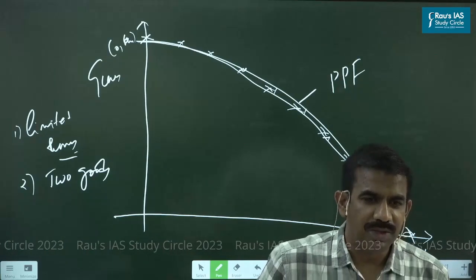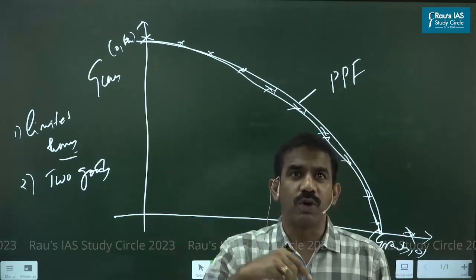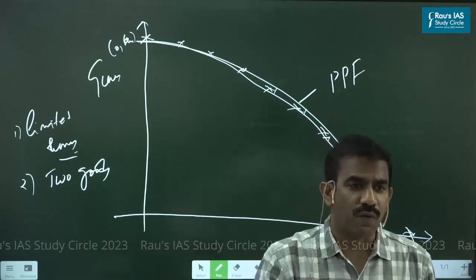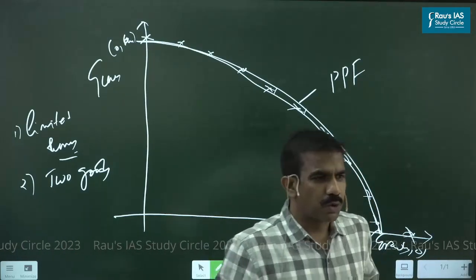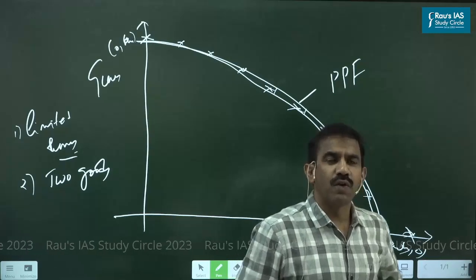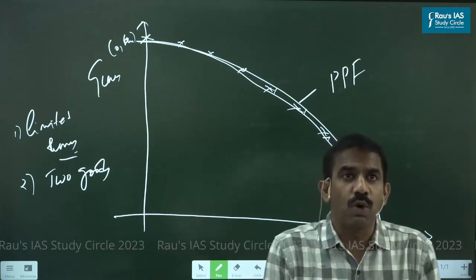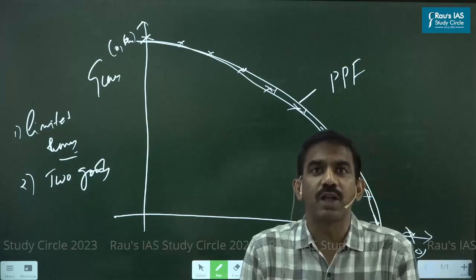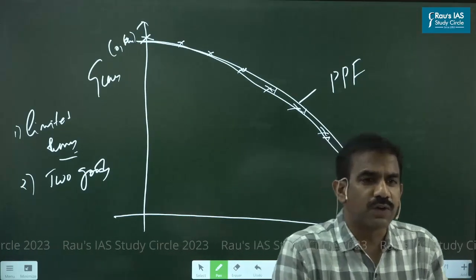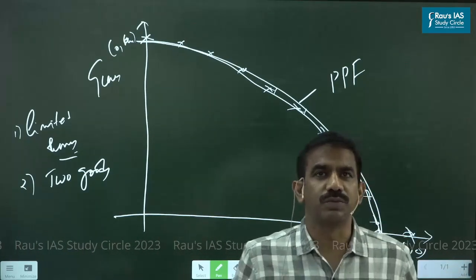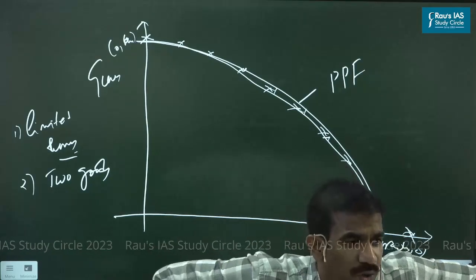The production possibility frontier is the maximum quantity of combinations of outputs that I could produce with a given set of resources. That is what this line gives you.